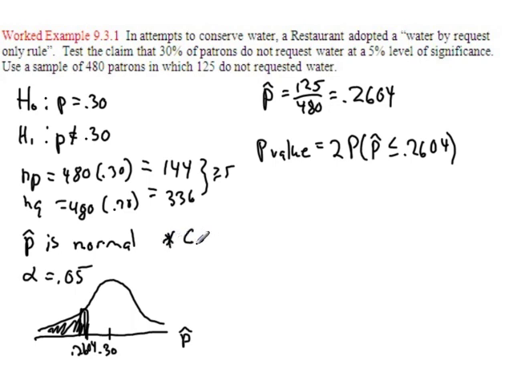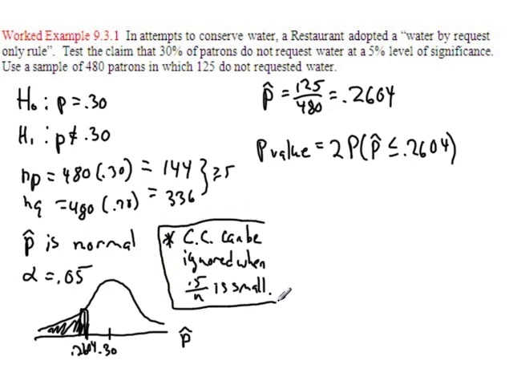The book actually doesn't mention anything about it, but continuity correction can be ignored when 0.5 over n is significantly small. And this, of course, happens in cases where we're dividing by 480. So we're going to actually ignore the continuity correction in this section, and all of our samples in the homework will be significantly large. But I just figured I would mention that here.